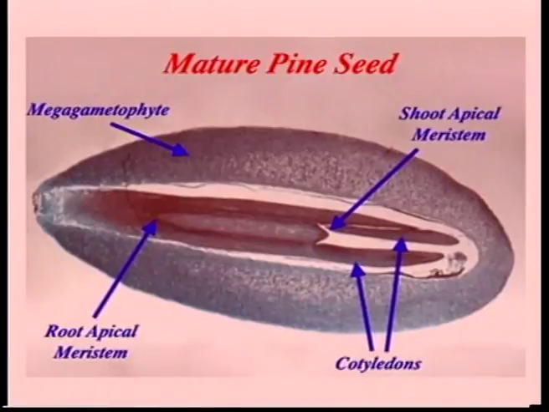This embryo gradually forms the seed inside the female strobilus or female cone. When it gets matured, the seed comes out and spreads over the nearby area.